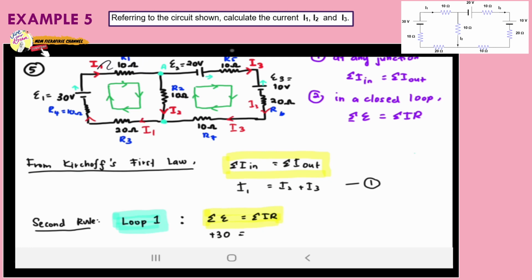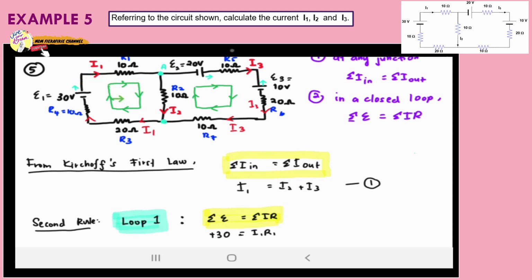So I will write first I1 R1. It's positive since the direction of the current I1 and the direction of my loop is the same direction.